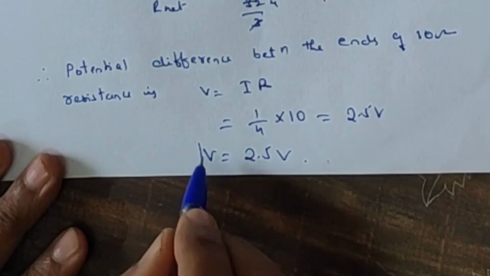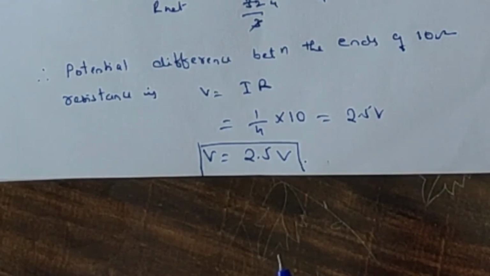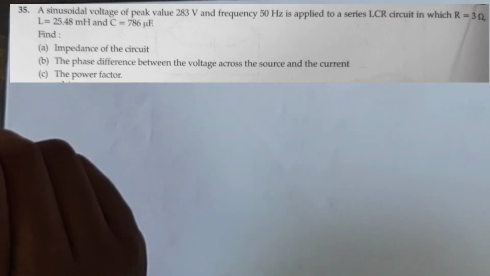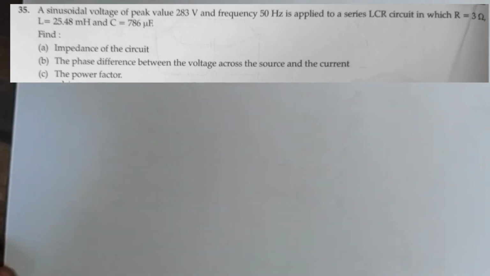What we have to calculate? Potential difference across the ends of the 10 ohm resistance. Okay. Next, question number 35. We are going to see that a sinusoidal voltage of peak value 283 volt and frequency 50 hertz is applied to a series LCR circuit in which capital R equal to 3 ohm, L equal to 25.48 millihenry and C equal to 786 microfarad.